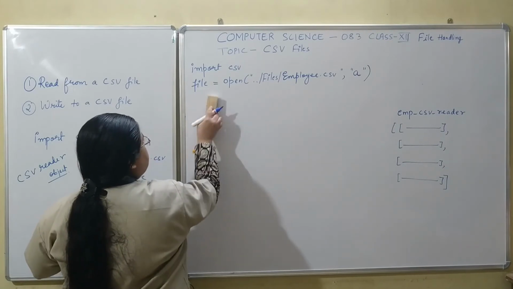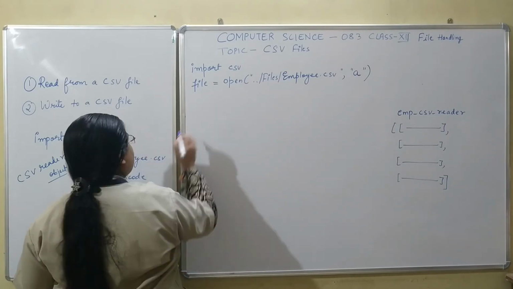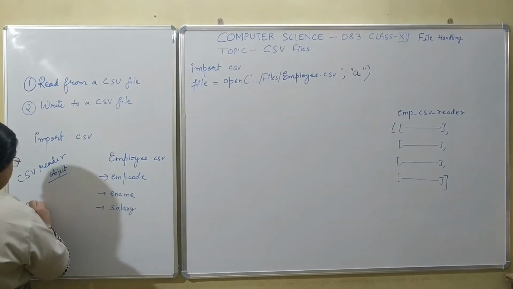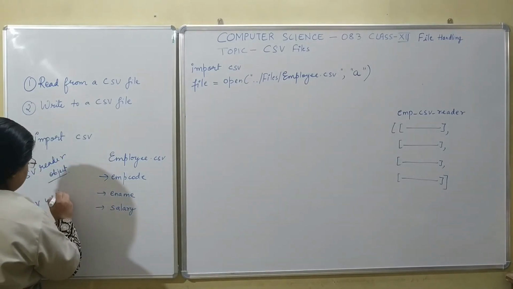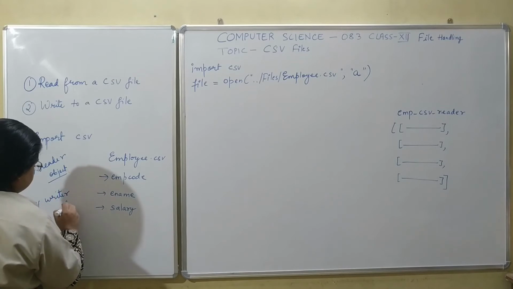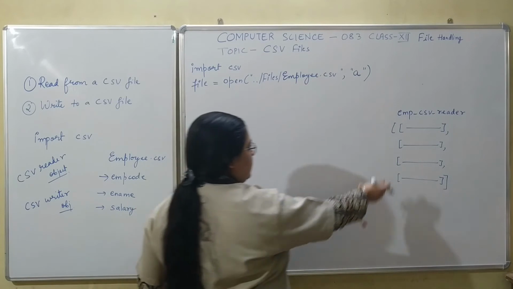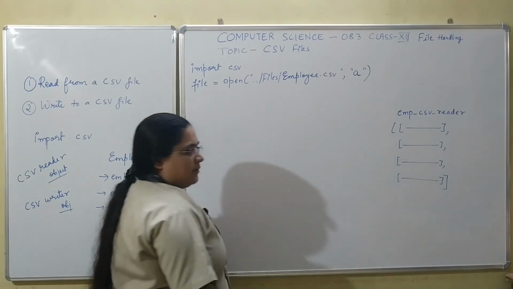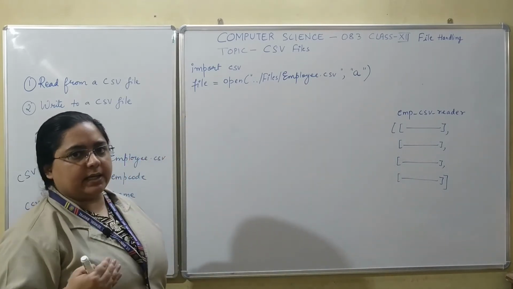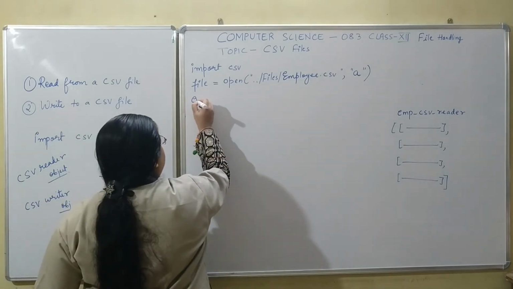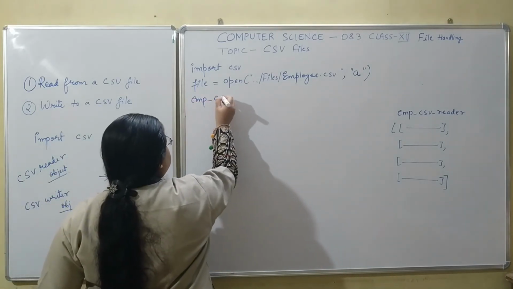I'll be creating a CSV writer object first. Just like a CSV reader object, we also have a CSV writer object. This CSV writer object is also a temporary memory region, which will store all our data in the form of lists. So how to create a CSV writer object?